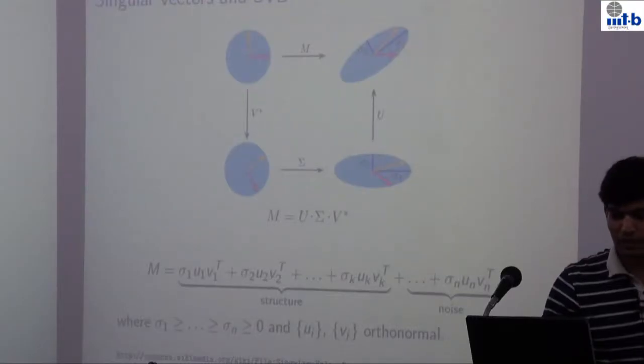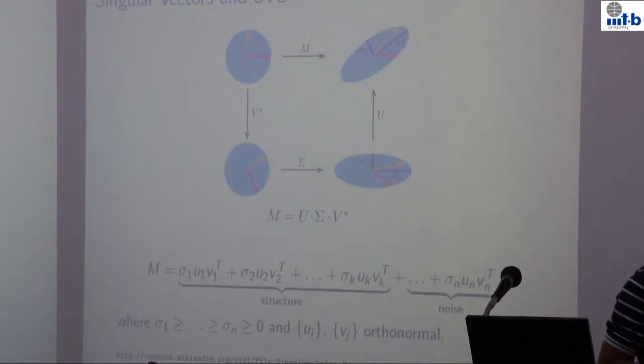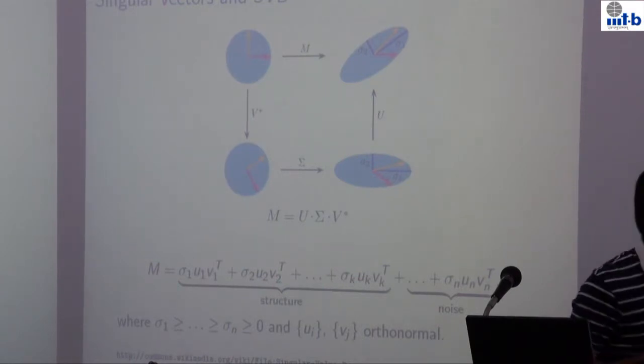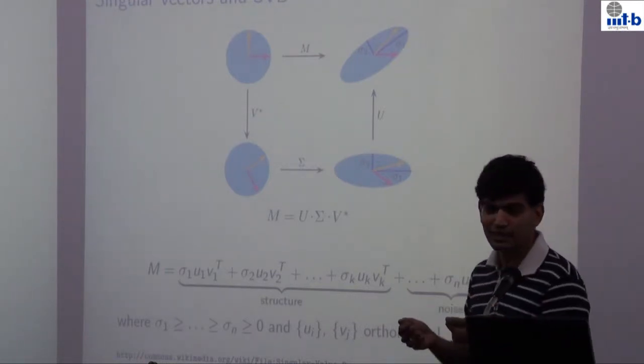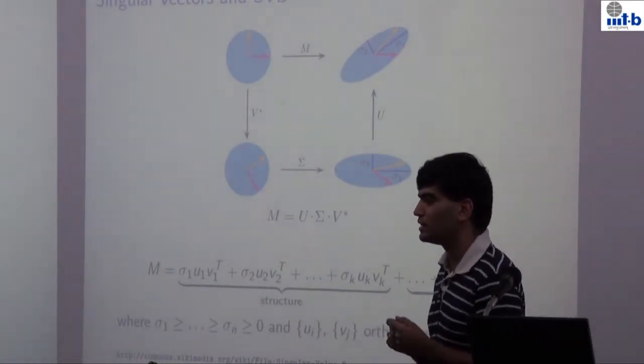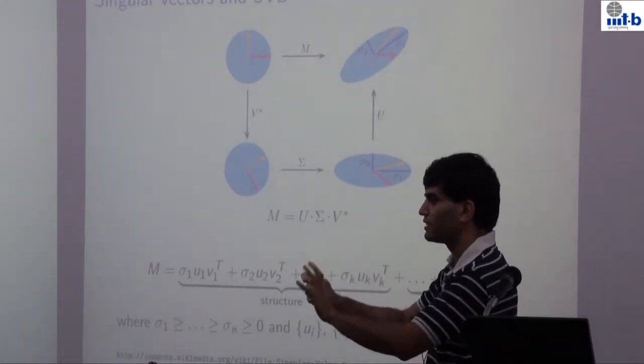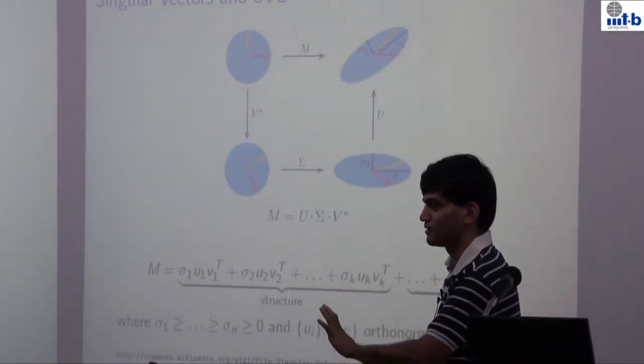So let me tell you where singular values, singular vectors, and the singular value decomposition come up. In linear algebra, there is something called a singular value decomposition for every matrix. Every matrix can be thought of as a linear map. It takes a vector and gives you back another vector.